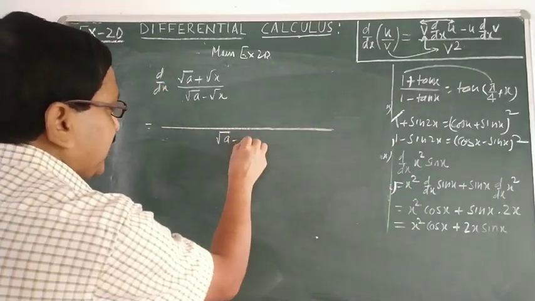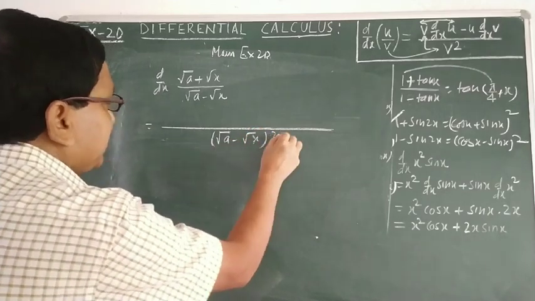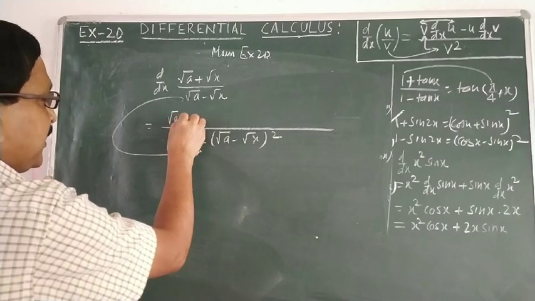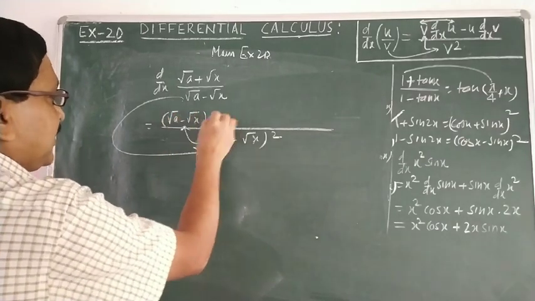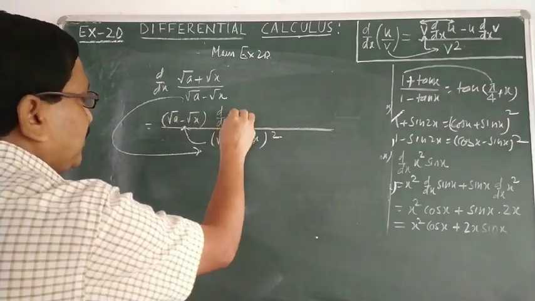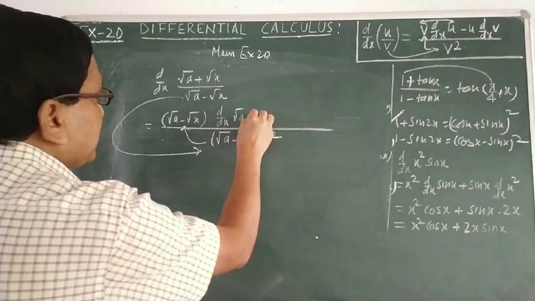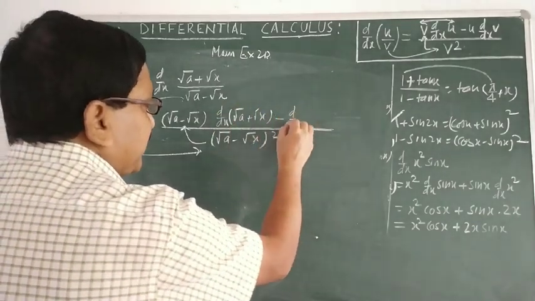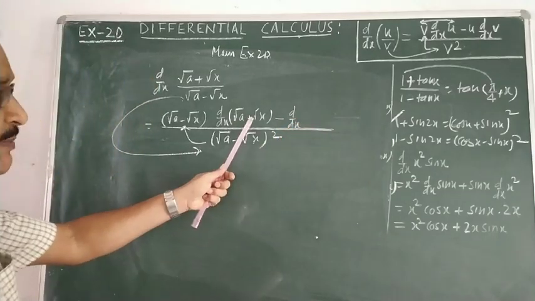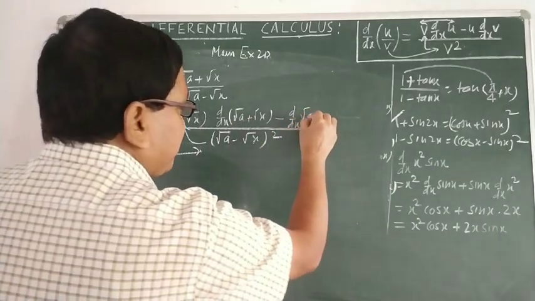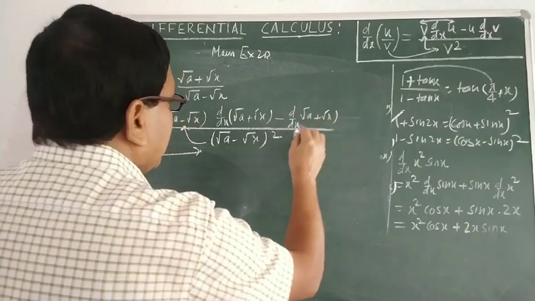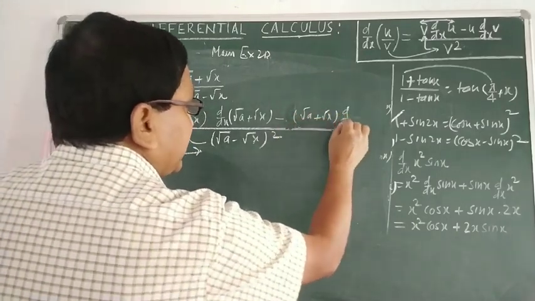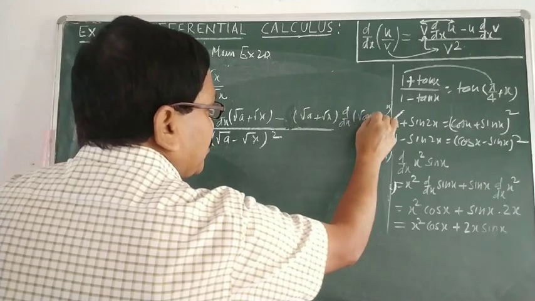Now this is root a minus root x whole square, and start from the same thing: root a minus root x into d by dx of root a plus root x, minus d by dx of the exchange. This root a plus root x will be outside, and d by dx of root a minus root x.